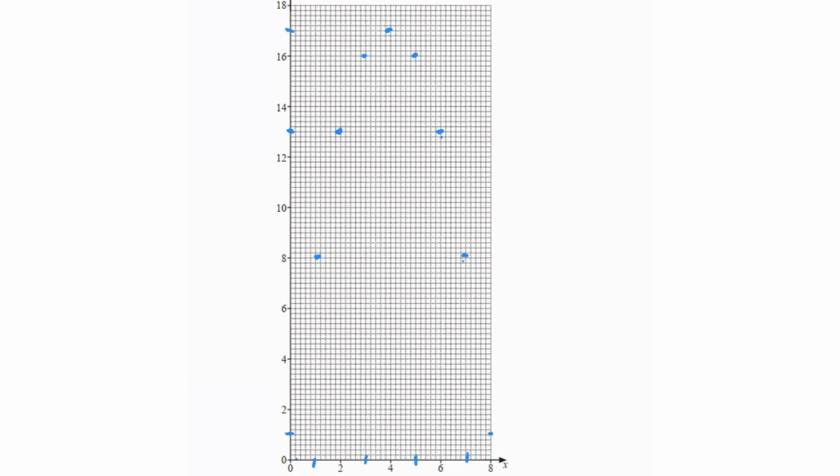Okay. So now that we finally have our graph after I've gone blind, for sure. So let's connect the dots. And that is not neat.